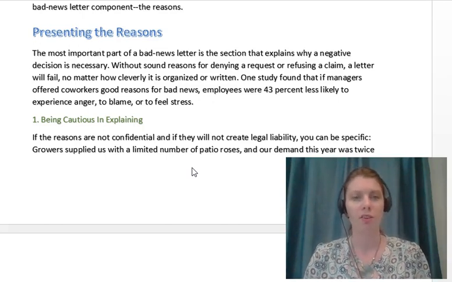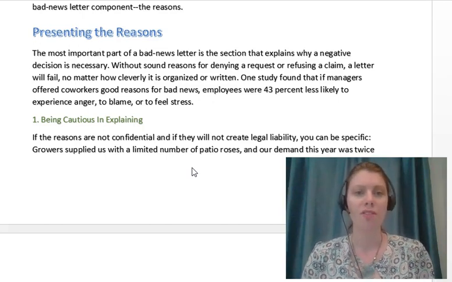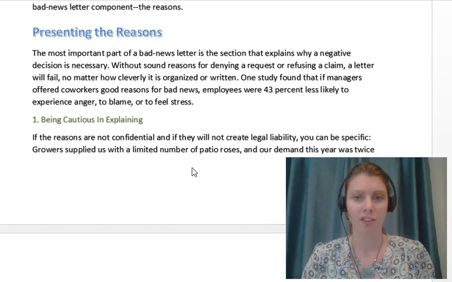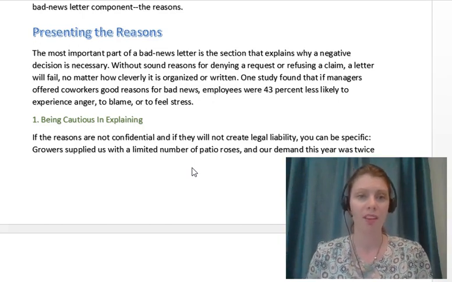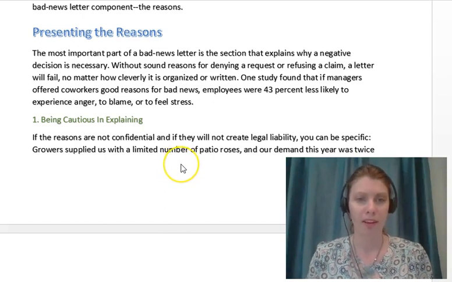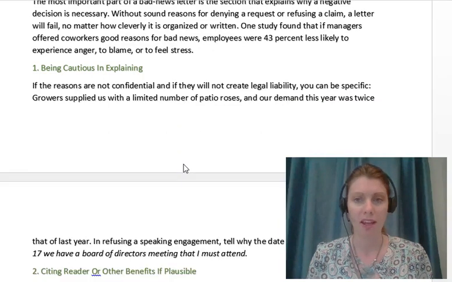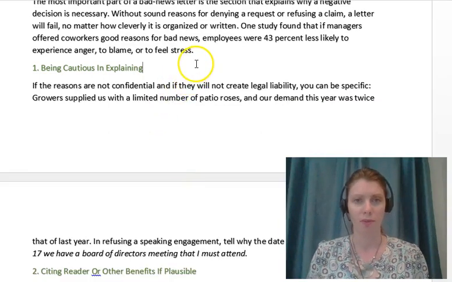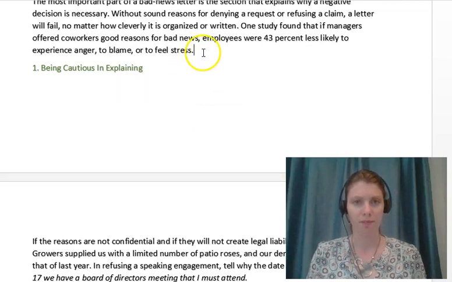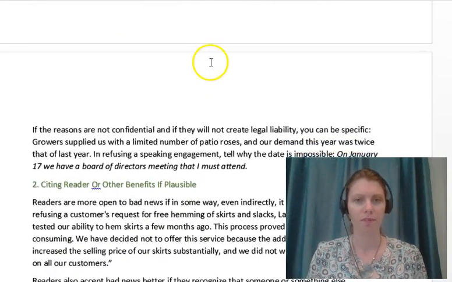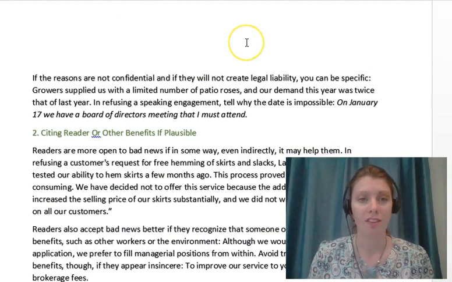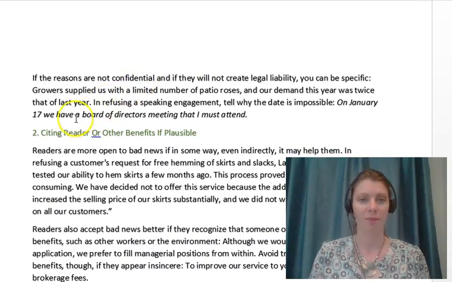One way is to be cautious in your explanation. So if the reasons are not confidential and if they will not create legal liability, you can be specific. For example, growers supplied us with a limited number of patio roses, and our demand this year was twice that of last year.